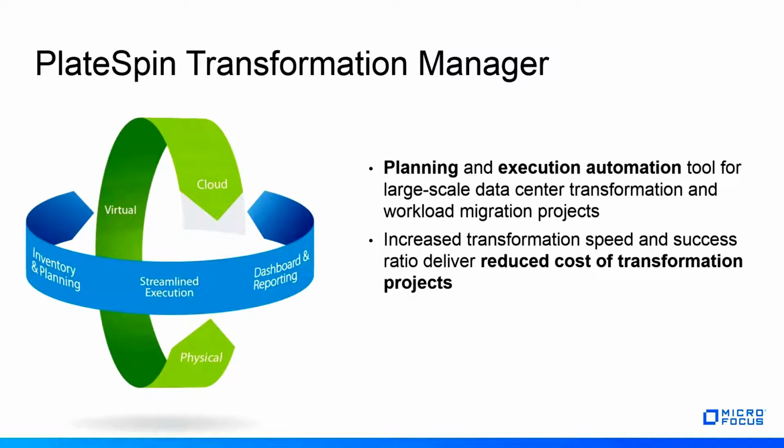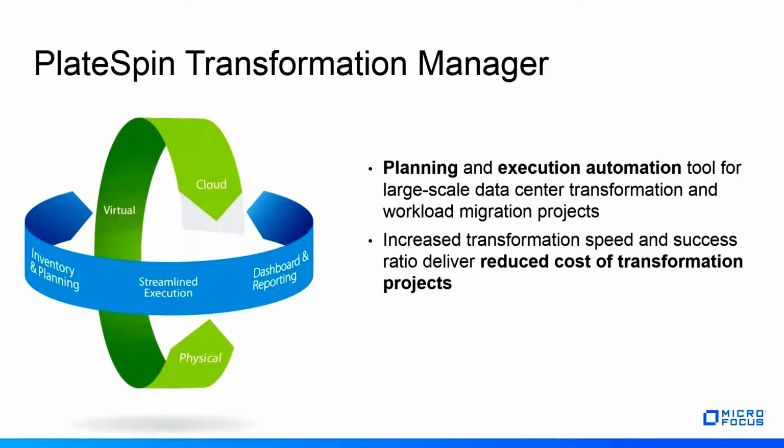What this product brings you is an increased speed in the time frame that you need to execute your projects, and you can also have a higher success rate in your migrations. And that, of course, leads to an overall reduced cost for your transformation projects.